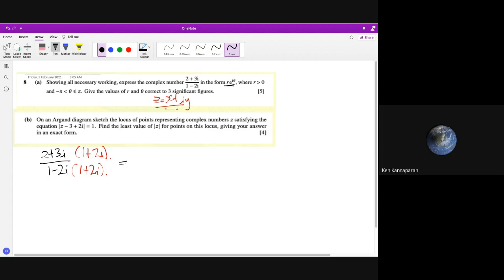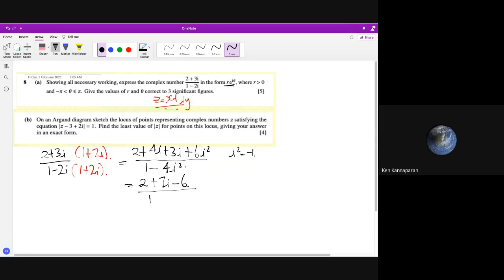So let's expand this. I did that earlier. So 2 plus 4i plus 3i plus 6i square over 1 minus 4i square. What you have here is 2 plus 7i minus 6 over 1 minus 4i square, and i square is -1.